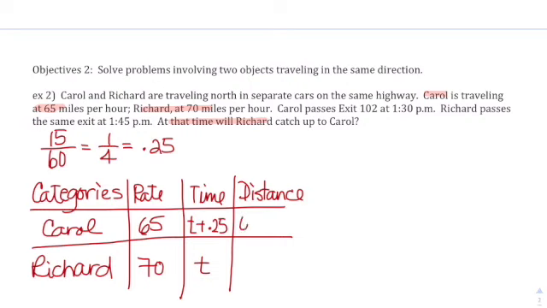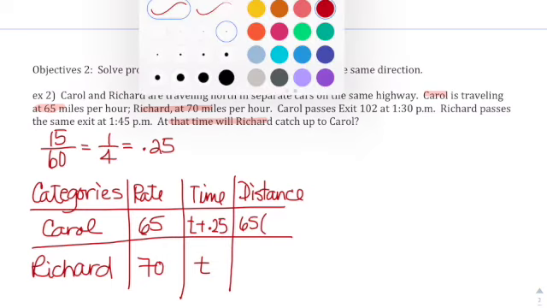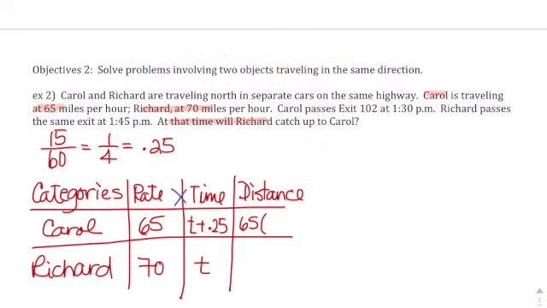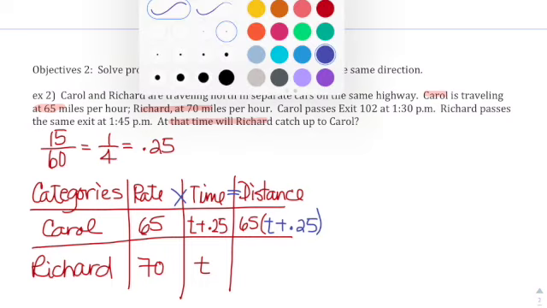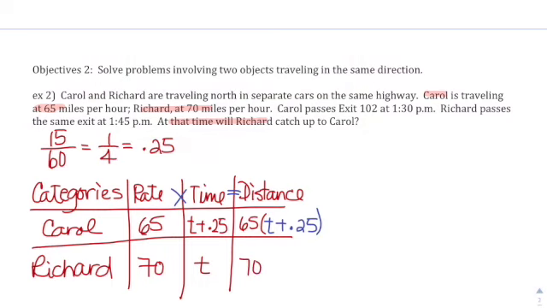So that's going to be 65 times, rate times time. Again, rate times time equals distance. So that's 65 times t plus 0.25. And that's just going to be 70 times t.